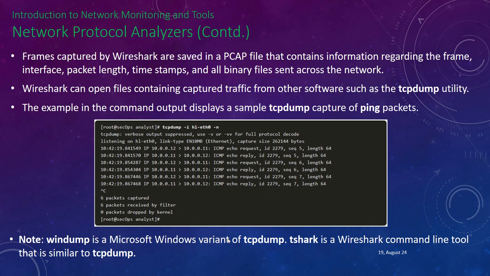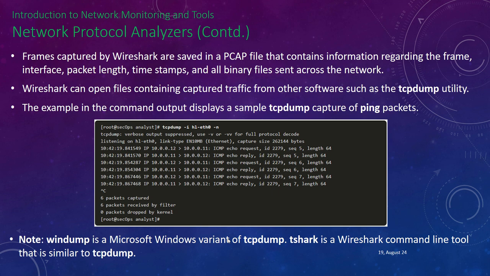So Wireshark can open files containing captured traffic from other software, such as tcpdump. I can save some tcpdump capture files and open them with Wireshark for more analysis.